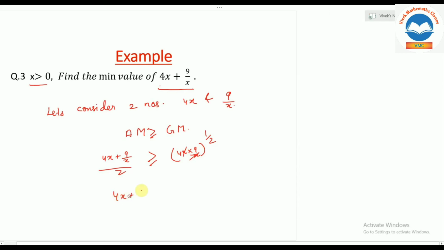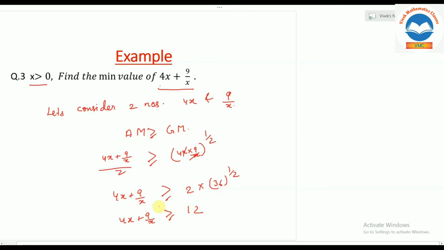So here what you will get? This 4x plus 9 by x will be greater than or equal to, this 2 will multiply here, 2 into, this side what are you getting? 4 into 9, 36 to the power 1 by 2. What will be the square root of 36? 6. So we are getting 4x plus 9 by x is greater than or equal to 2 into 6, 12.